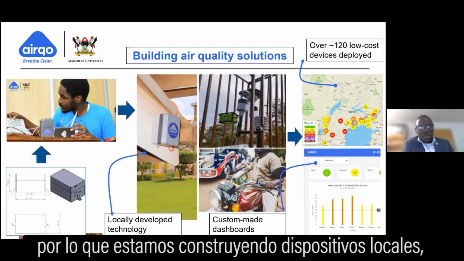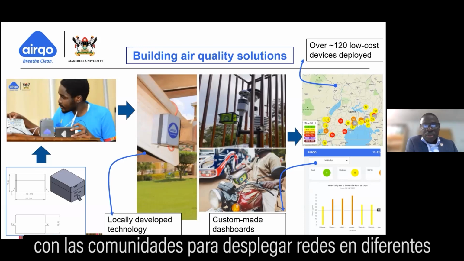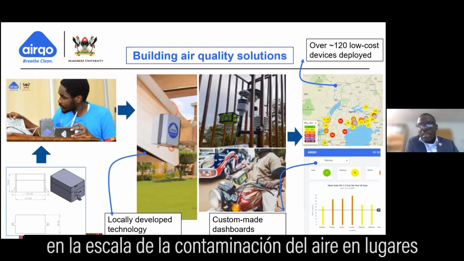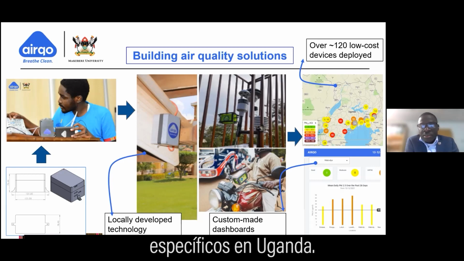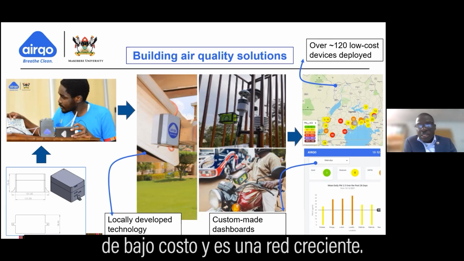So we are building low-cost devices at the university, and then working with communities to collaboratively deploy these networks in different urban spaces to quantify the scale of air pollution in urban spaces in Uganda and the African continent. And so far, we've deployed over 120 low-cost devices. And that's a growing network.